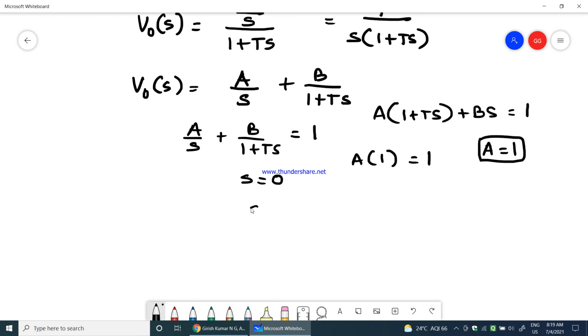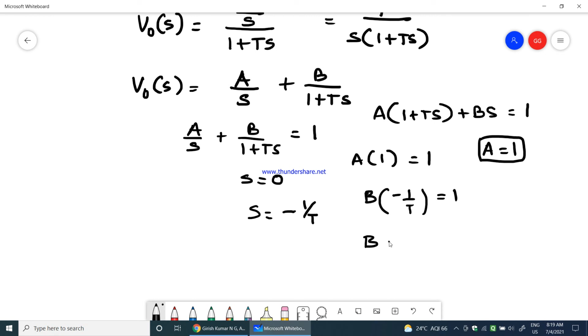Now if S is equal to minus 1 over T, then A into 0, because minus 1 over T if I apply, A term will become 0. B into minus 1 over T equals 1.